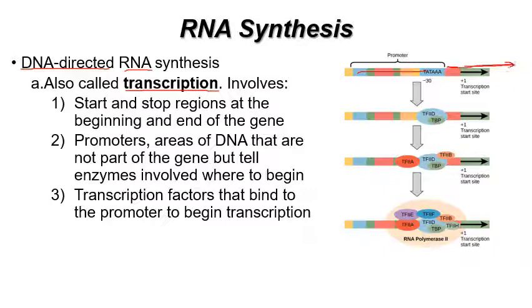If you remember, the gene is the code for the protein, and the code is in the order of the bases. Remember, we have adenine, thymine, guanine, and cytosine, ATGC.